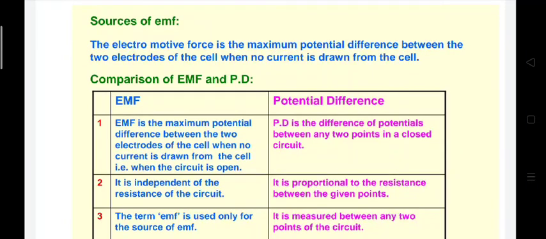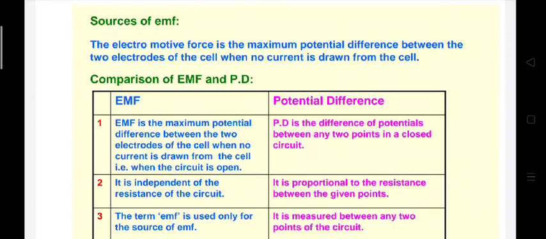The work done by the cell in forcing a unit positive charge to flow in the whole circuit is called electromotive force. Or in simple words, it is the potential difference across the cell in an open circuit, or when no current is being drawn from the cell.